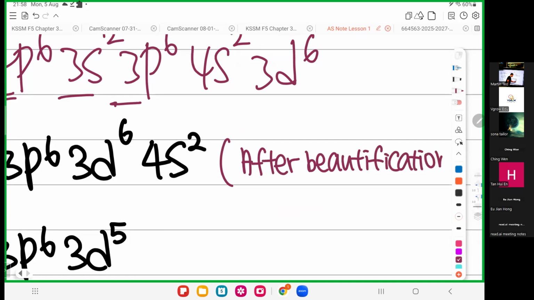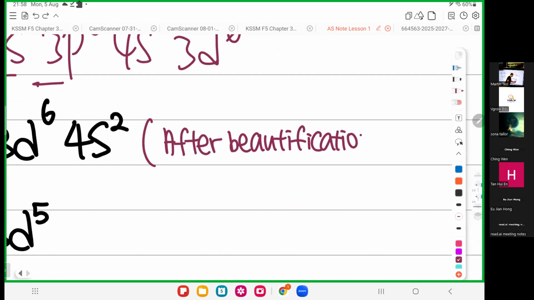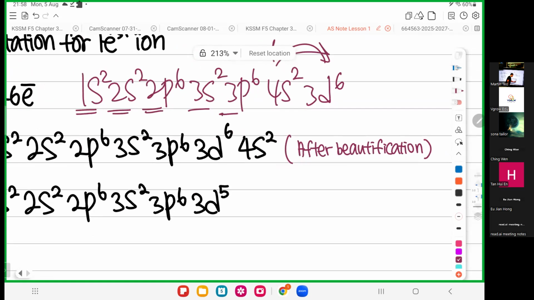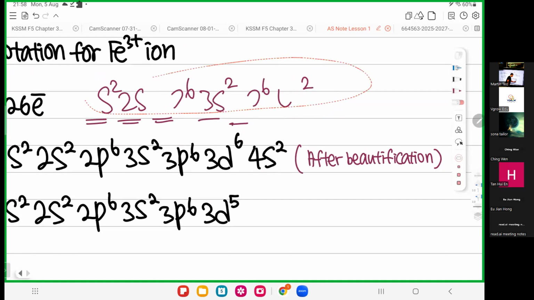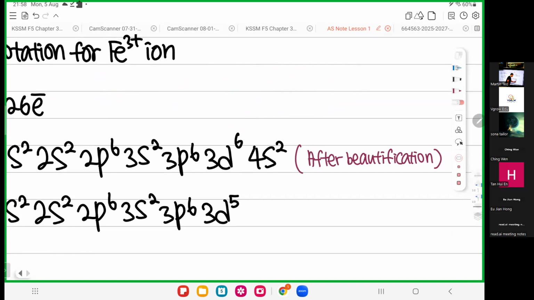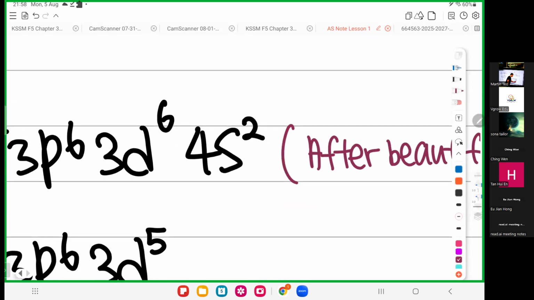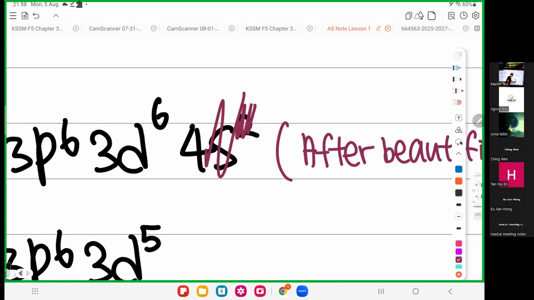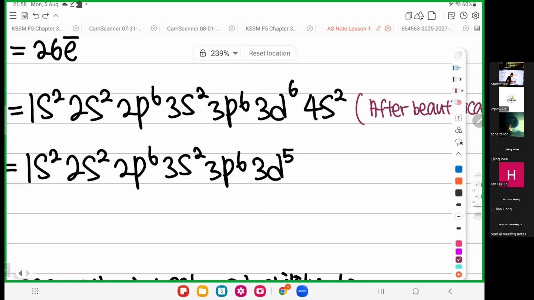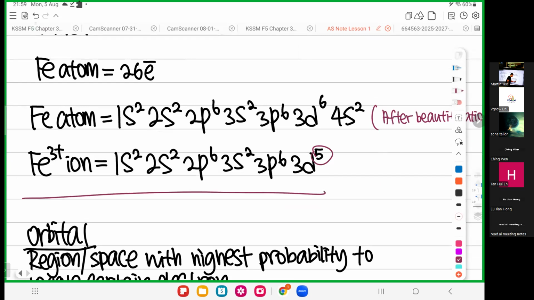So beautify first. Sorry, my bad, just now I said it wrongly. After the beautification already, then only you start to throw the electron. You throw 2 electrons here and 1 more electron here. Here got 6, throw 1 more, become 5. So that's why in the end, the answer here got 5.